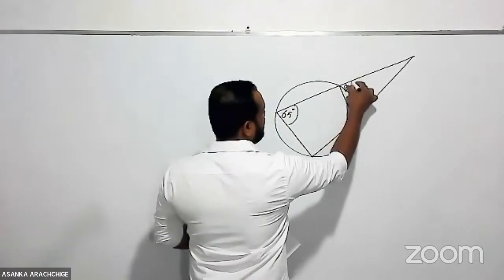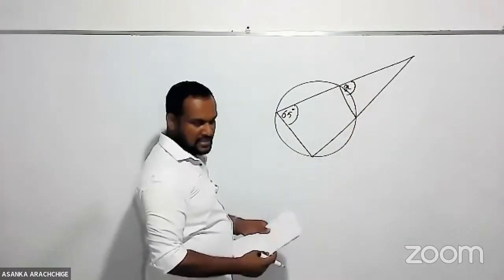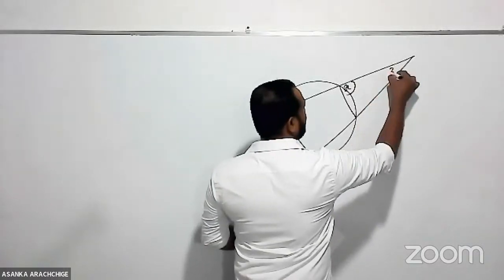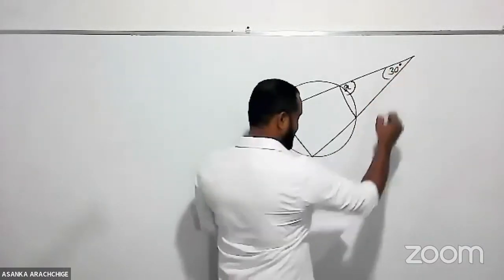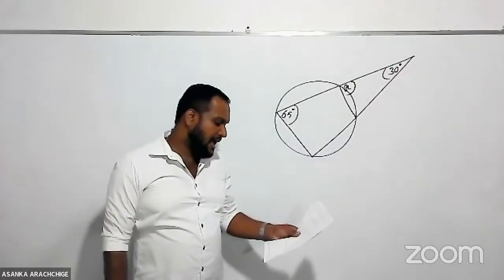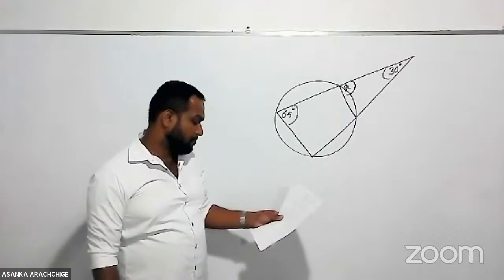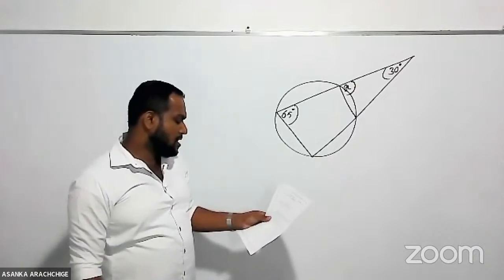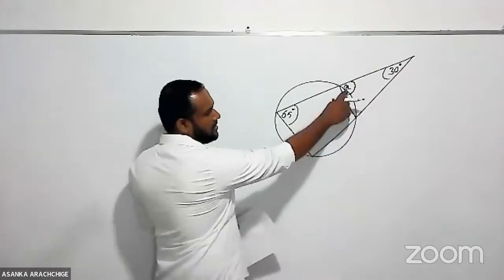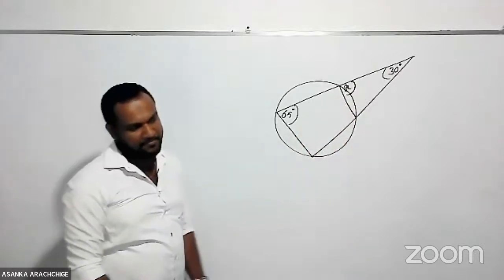This angle x, no? X, and this is 30. So you have to find the magnitude of the angle CBE. CBE means this. This is what you have to find.